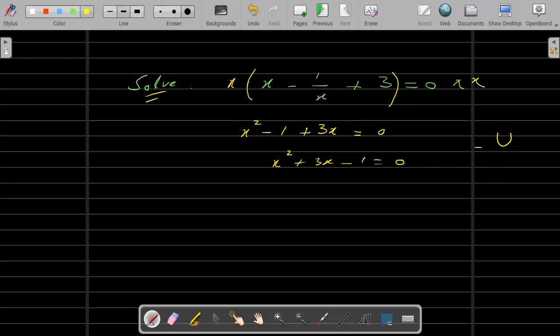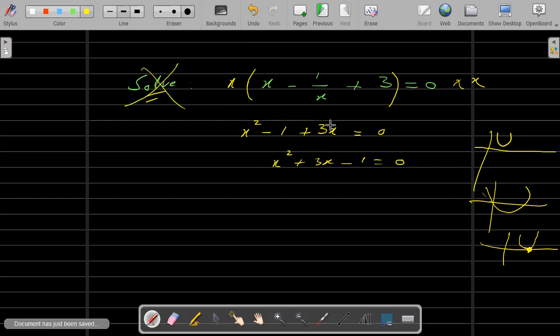Either the x-axis is not intersecting the curve, or the x-axis intersects the curve at 2 points, or the x-axis is tangent to the curve, that is, intersecting at only 1 point. So now he's asking to check. No, he's not asking to solve, to check whether the curve is intersecting or not.